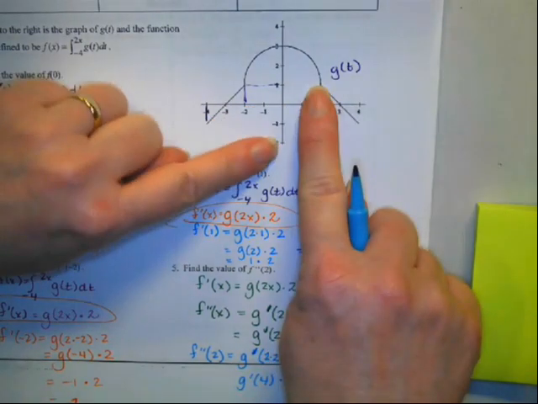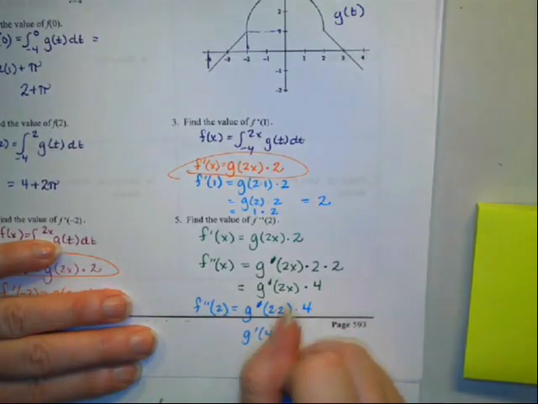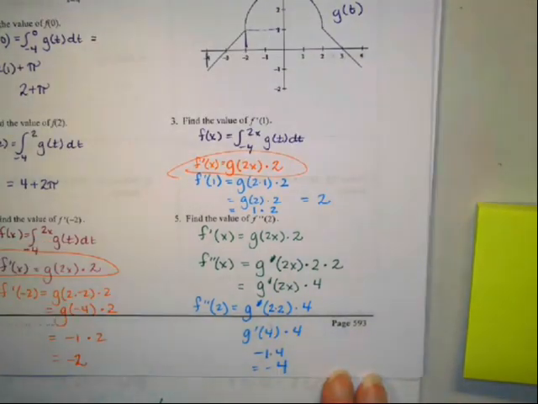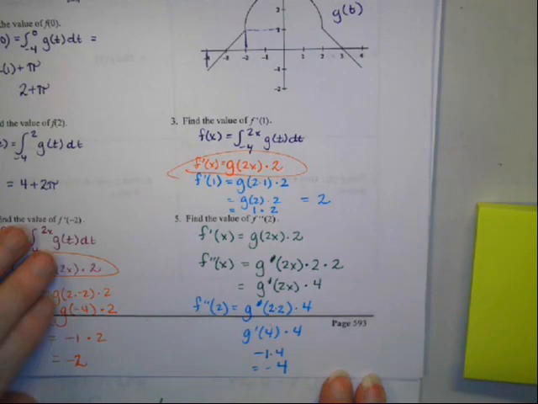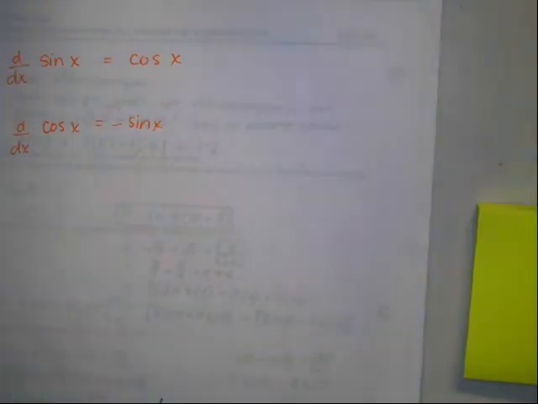So the slope there is negative 1. So it'd be negative 1 times 4, so it's -4.